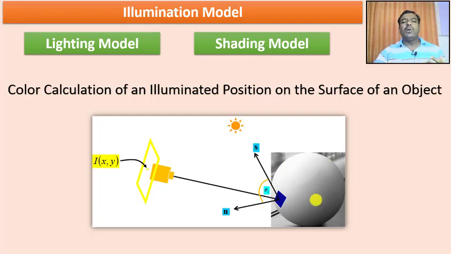Hence we bring the lighting model into effect by bringing in the camera and a light source, and by discussing how the ray of light is going to be incident on the sphere and what color it is going to reflect back.